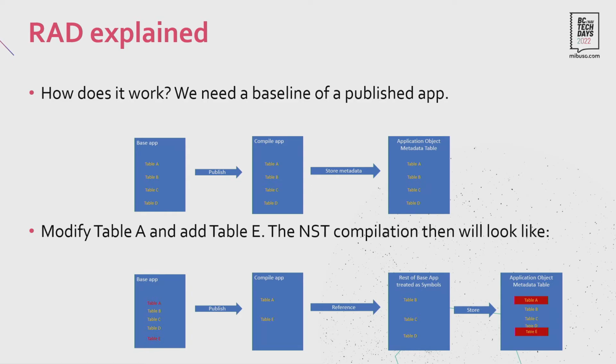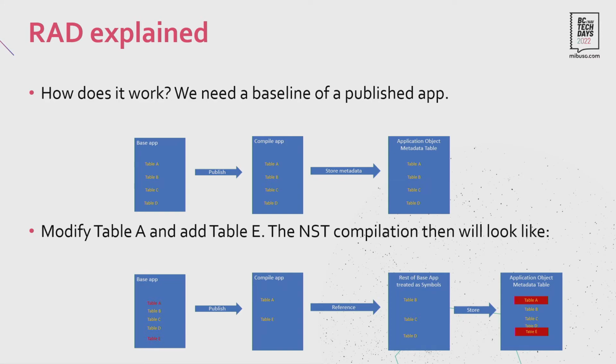So assume that we do the following thing. We modify table A, like, we add a method, and we add a completely new table E. And then we publish again, now with the red publishing. So what will happen on the NST, on the server, is that we are going to only take table A and table E as files, even though they may reference other symbols from their own project.